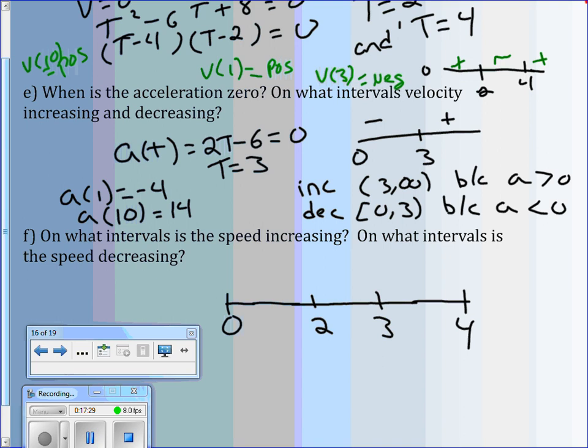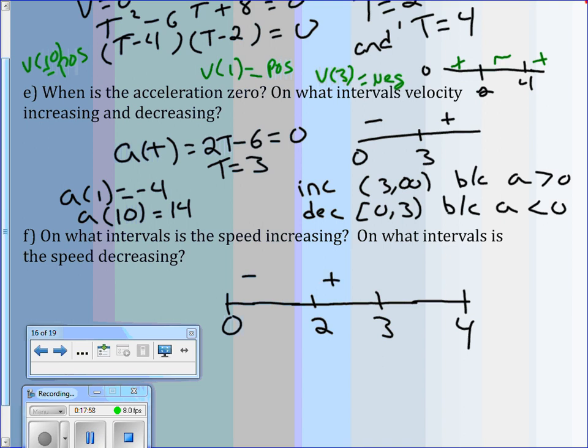Well, between 0 and 2, are the signs the same or different? Different. So speed is negative. Between 2 and 3, let's look. From 2 to 3, velocity is negative and acceleration is negative. Both are negative, acting in the same direction, positive.